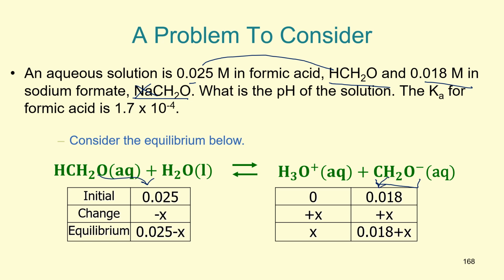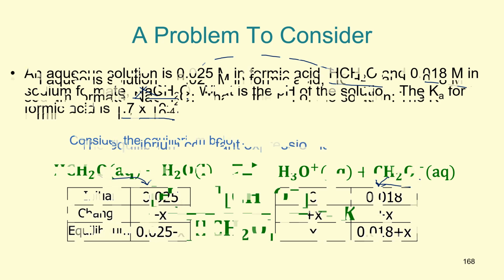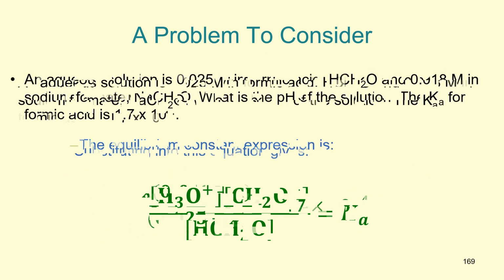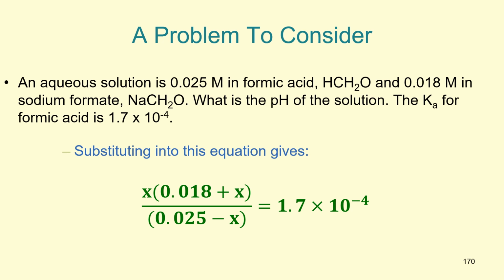So instead of this being a 0, there's a number in there. But the rest of the equilibrium expression is the same, minus x, plus x, plus x. So 0.025 minus x, 0.018 plus x. We can set it up the same because we know the Ka expression and the Ka value. So we can plug that in. If we plug that in, we get this.